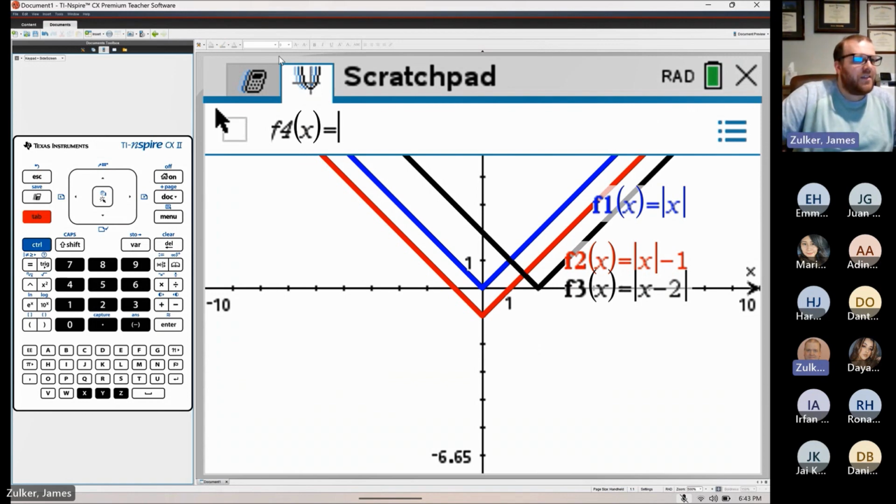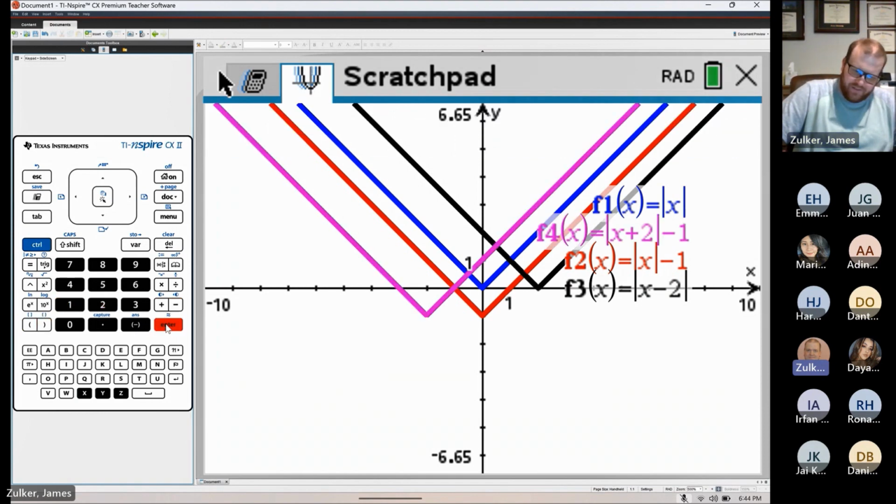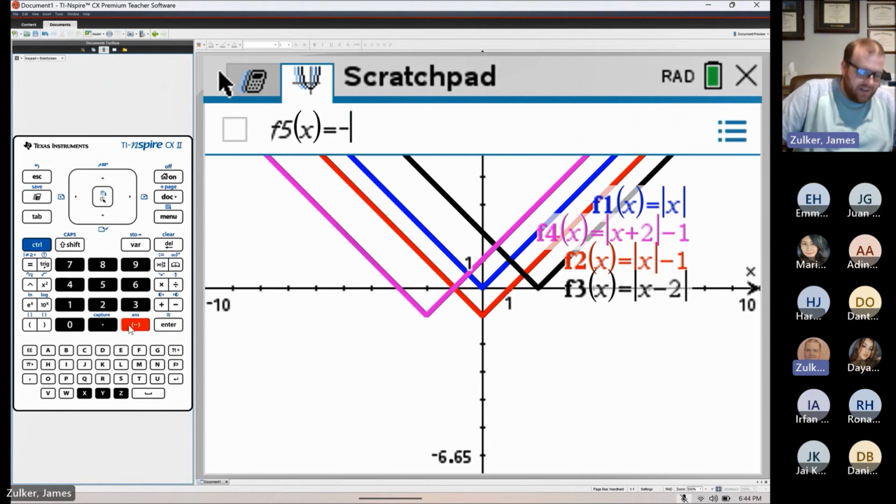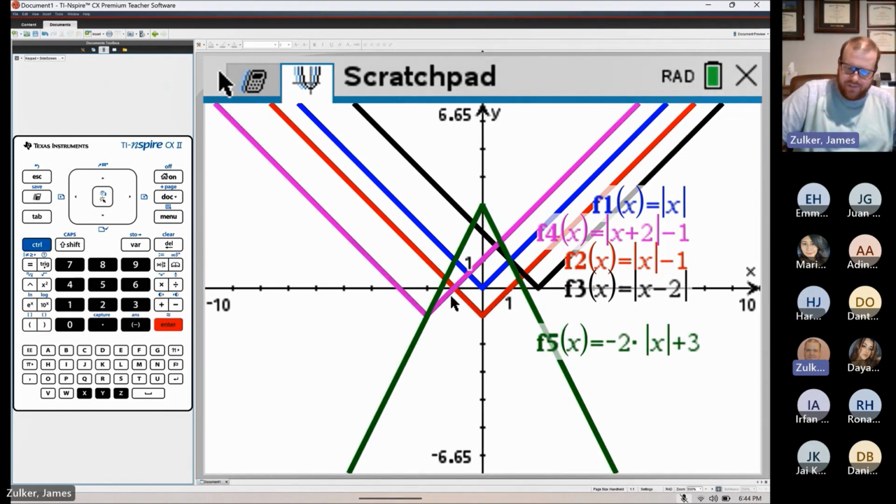Was then absolute value of X plus 2 minus 1. Why did I hit enter? I meant just hit down. And then it was negative 2 times the absolute value of X plus 3. Now I can hit enter.